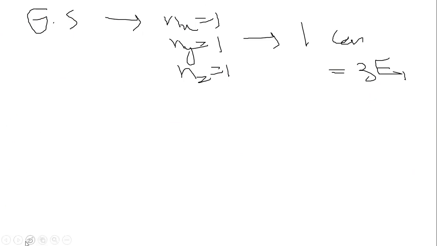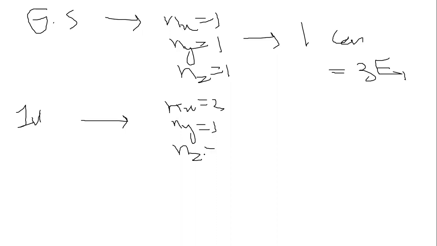Similarly, if we consider the first excited state, any one of the values nx, ny and nz can be 2. So here nx equals 2, and ny and nz remain the same, that is 1.